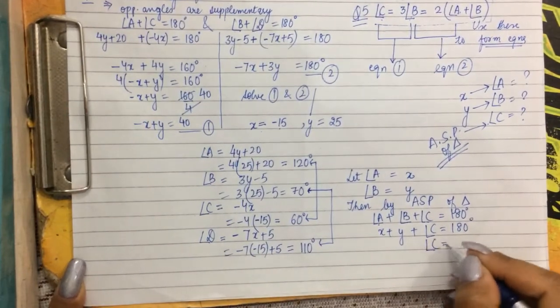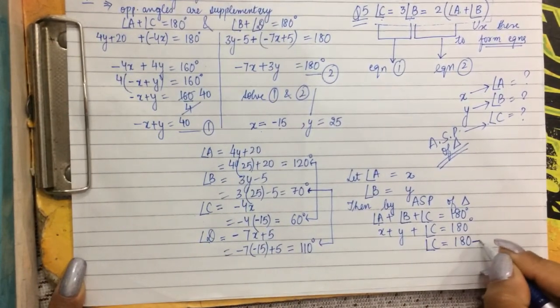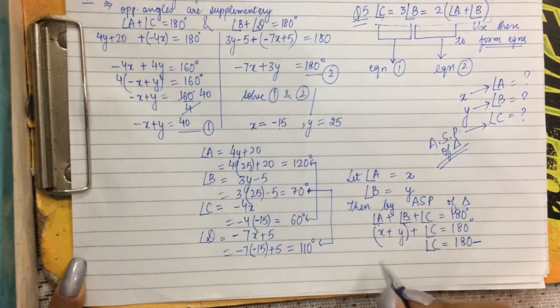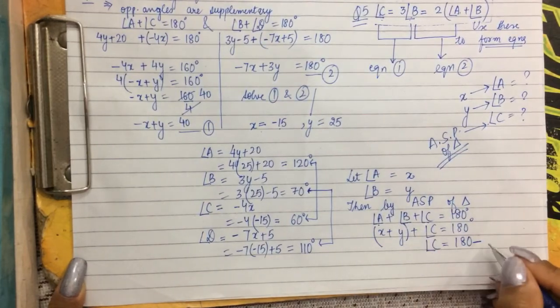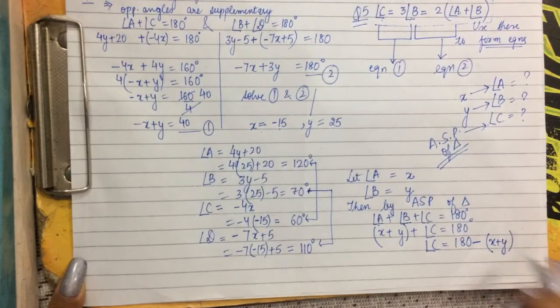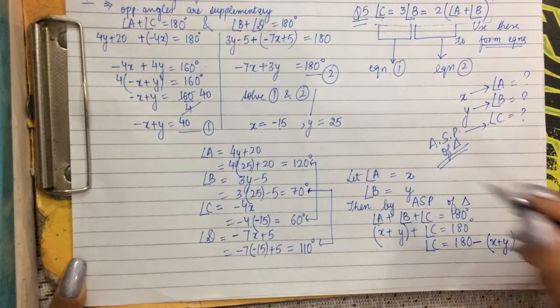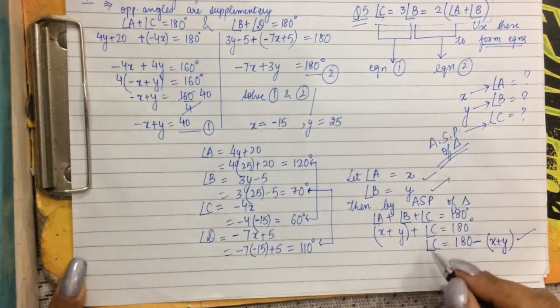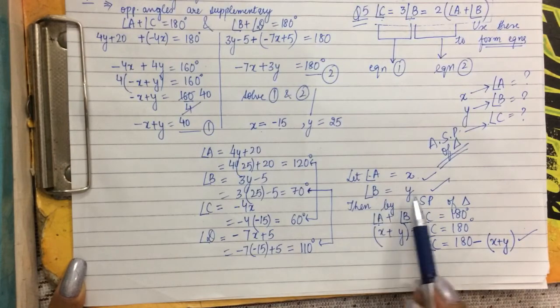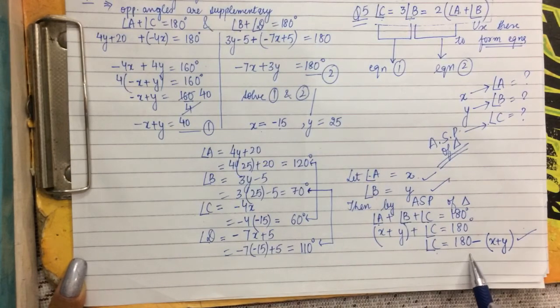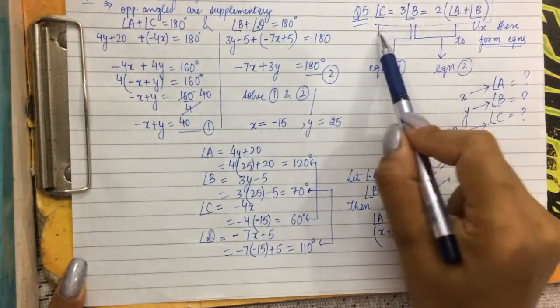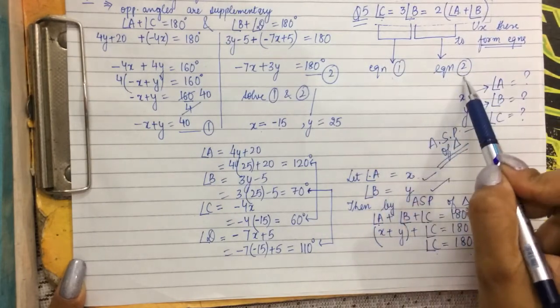So angle C from here comes out to be 180 minus (X plus Y), transposing the sum to the other side. Now I'll use the value of angle A, the value of angle B and the value of angle C in these expressions and obtain my 2 equations.